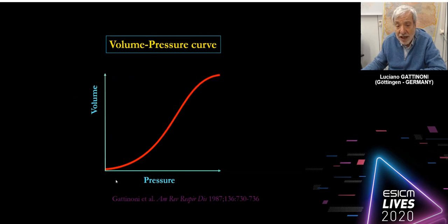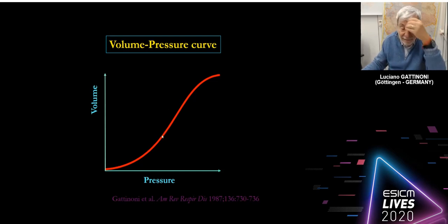As an example, here we have a volume pressure curve in a normal man. You see that for the same change in pressure, I may have a different change in volume. That means in these regions the mechanics of the respiratory units are more favorable.